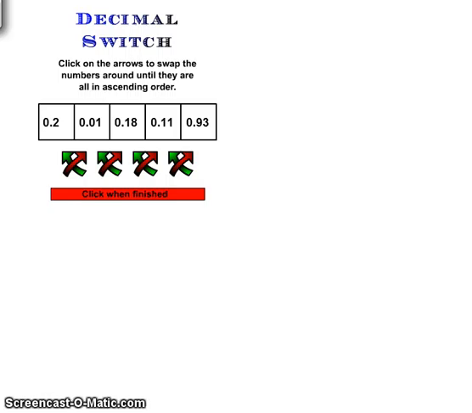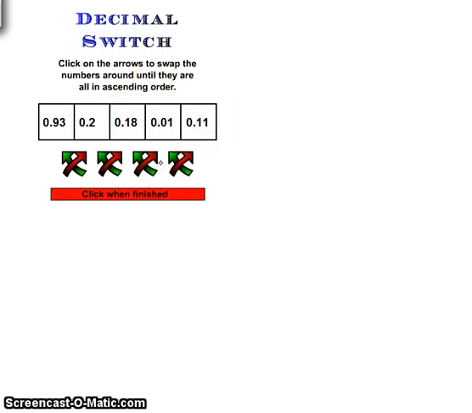Our next one to solve are 0.2, 0.01, 0.18, 0.11, and 0.93. The 9 in the tenth spot is the greatest out of all of them, so it would go first. Then you would see the 2, which is greater out of all of these.